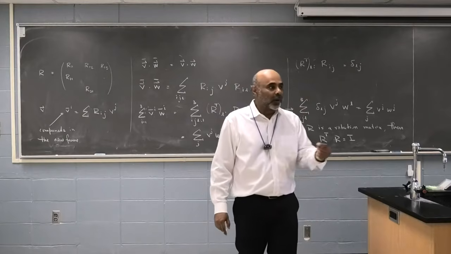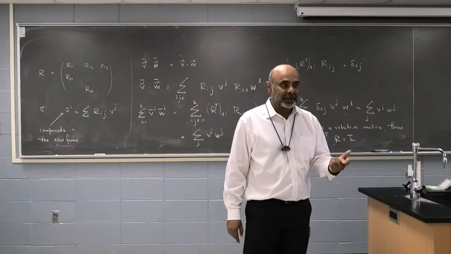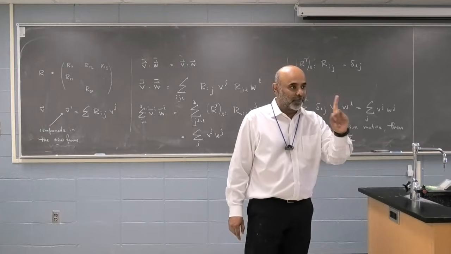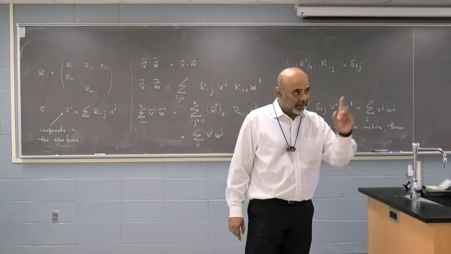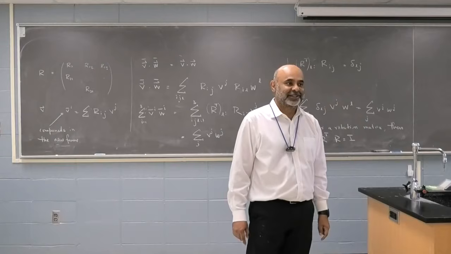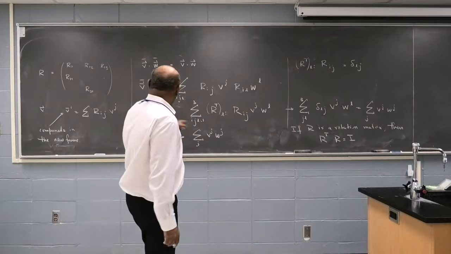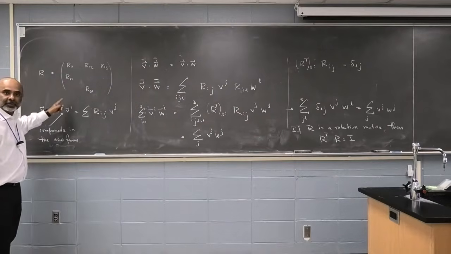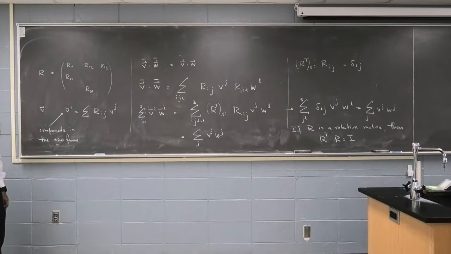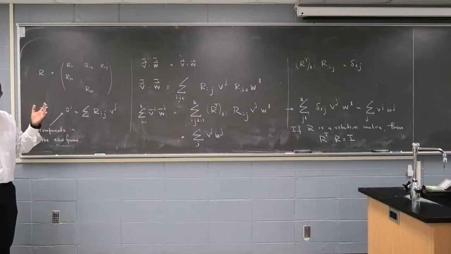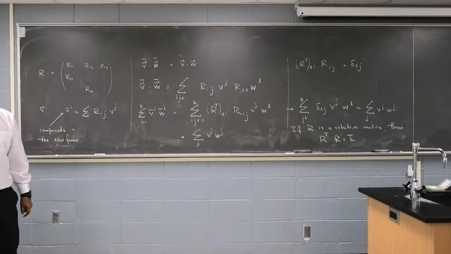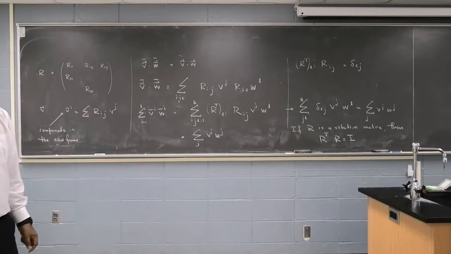If you want the 1-1 component to be identity, then you pick V to have only the X component, and W to have only the X component. So that's self-proving? Yes. You just have to do it 9 times, case by case. You can prove that the 1-1 component has to be identity, the 1-2 component has to be 0, and so on and so forth. Otherwise, it simply won't work out.